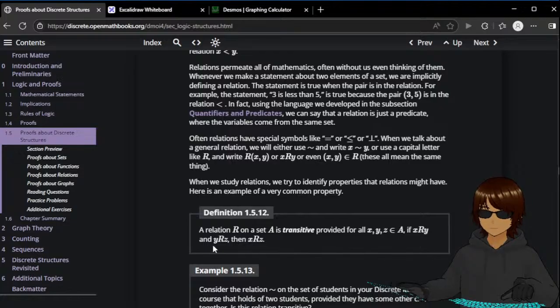So relation from x to y, relation from y to z, then relation from x to z.